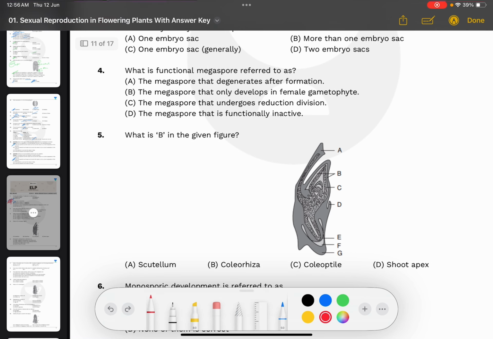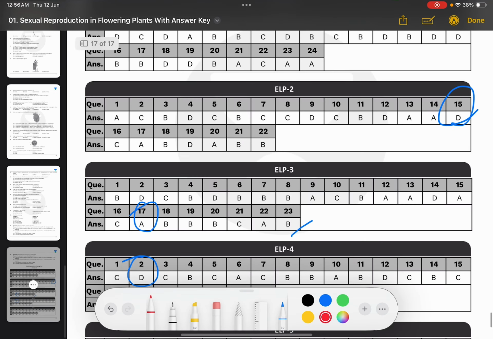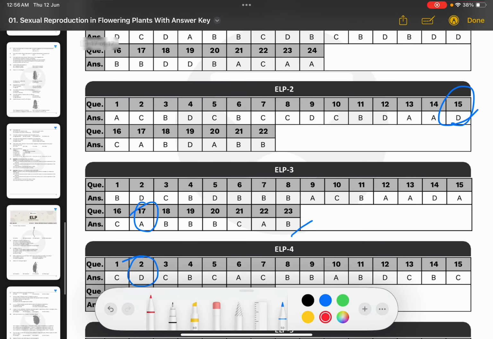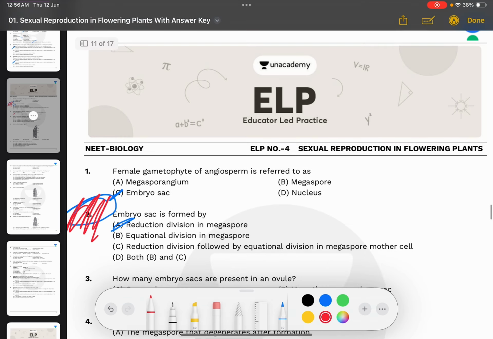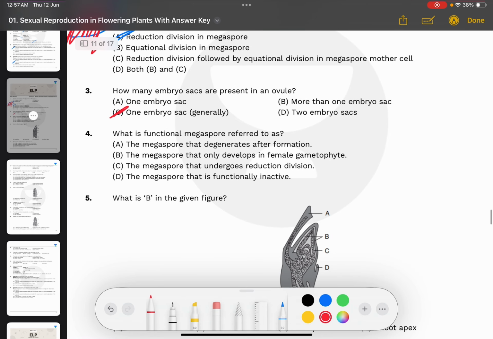Generally, yes, it is generally. Let us see 3 का. Yes, that is generally, not always.